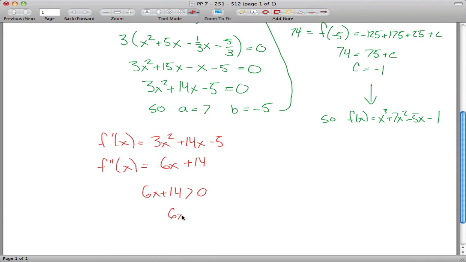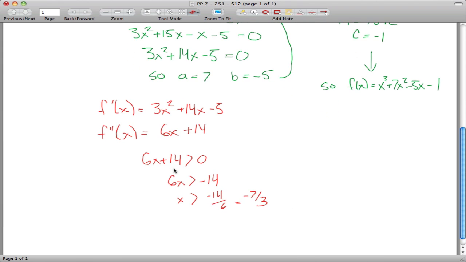So 6x is greater than -14. X is greater than -14 sixths. In other words, negative 7/3. So when x is greater than negative 7/3, f of x is concave up.